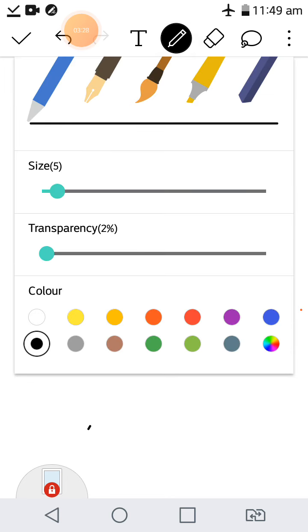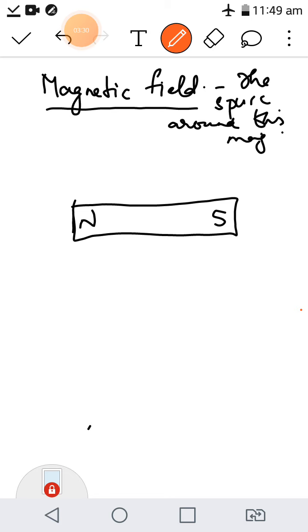Okay, and you also learned in 12th class that when you keep a magnet like this, the space around it has magnetic lines of force. They start at its north pole like this, reach the south pole, form a closed loop, and continue back to the north pole like this. Similarly, there are many lines.